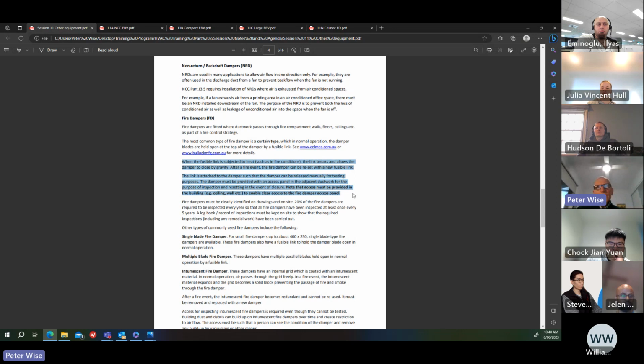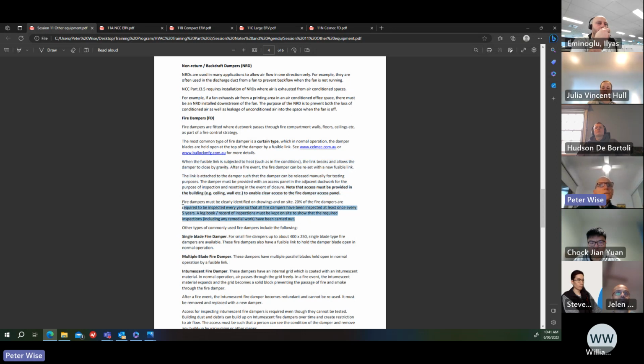So for some reason the damper closes, it could happen, the linkage breaks, and you've got to have access to it. So you have access in the duct to get to the fire damper, but you also need access in the building, whether it's in a ceiling or a wall. Sometimes architects are reluctant to provide access for you, but you need to be fairly insistent that you have to have access.